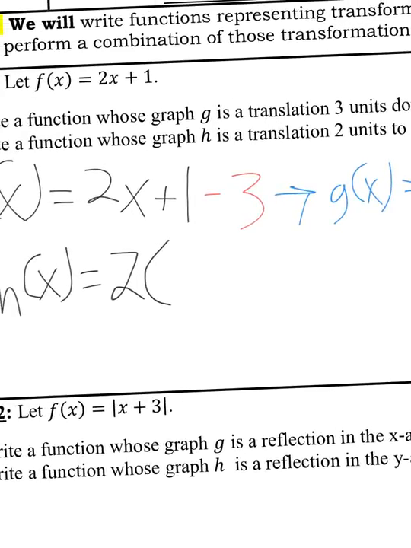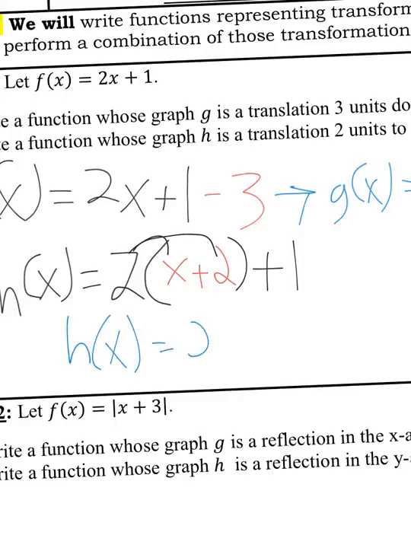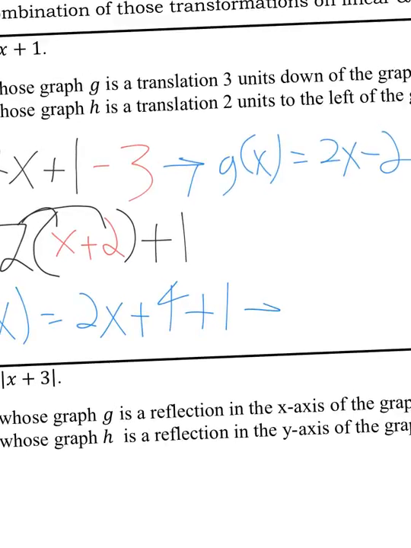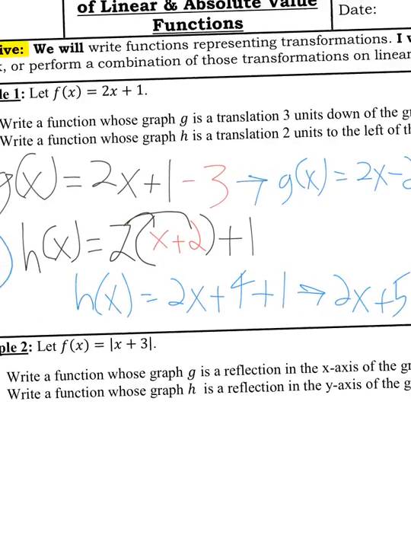So I'm going to write x plus 2, and then everything else plus 1. So everything else is the normal from before. So let's see here. I have h of x is going to equal 2x plus 4 plus 1, well, I know 4 plus 1 is 5, so my final answer on this one is 2x plus 5 for the h of x one.